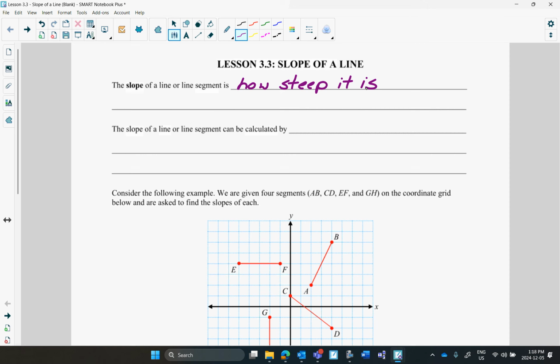It's a number that we assign to a line to show how steep it is. But it also represents something else that has a lot of application. Also represents a rate of change.